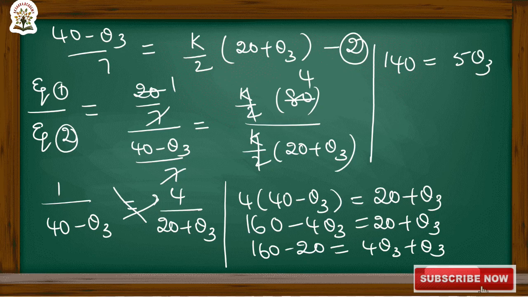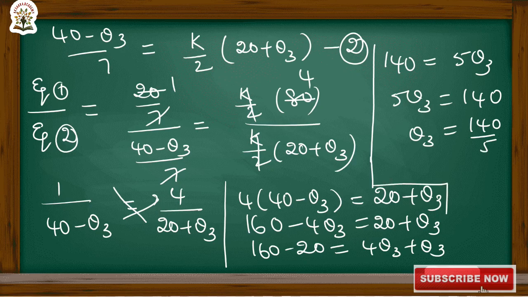So 5 theta 3 is equal to 140, or theta 3 is equal to 140 by 5. It becomes 5 twos are 10 and 5 eights are 20. So 28 degrees centigrade. At last we are writing theta 3 is equal to 28 degrees centigrade.